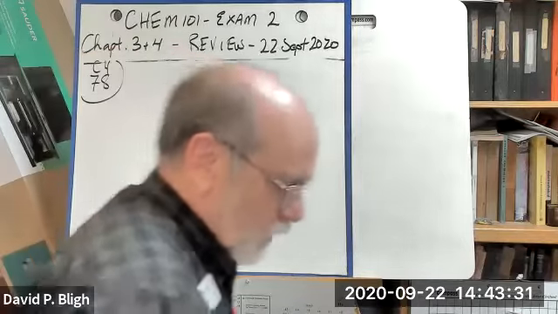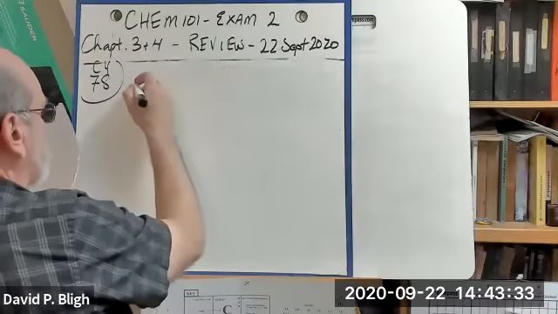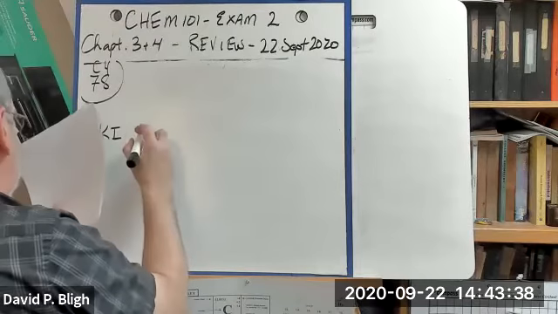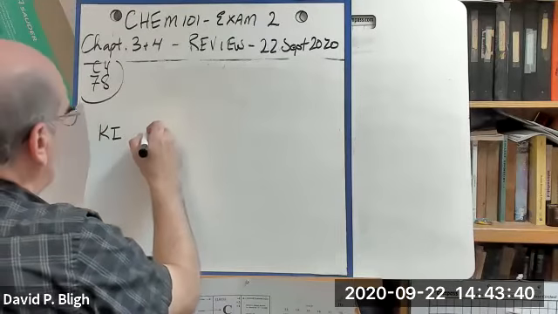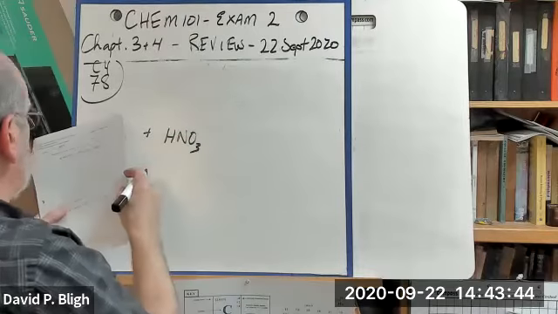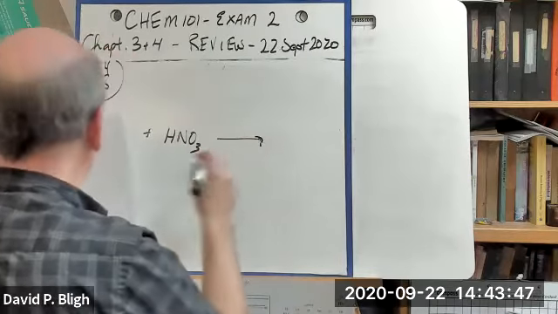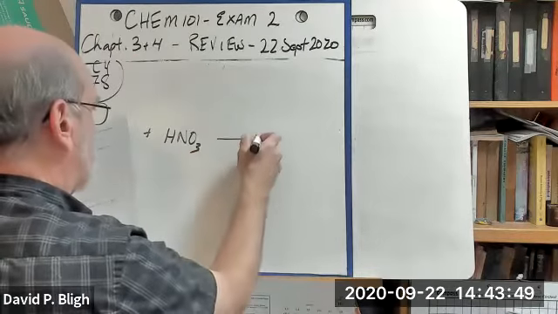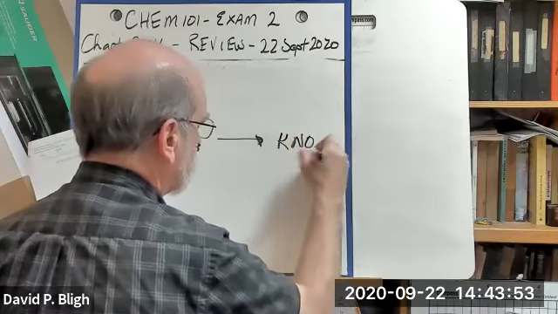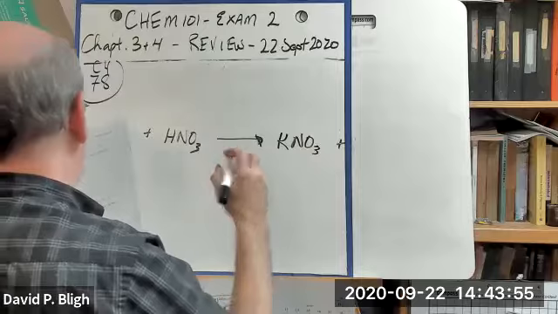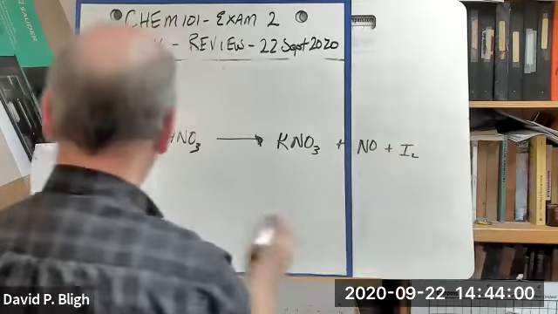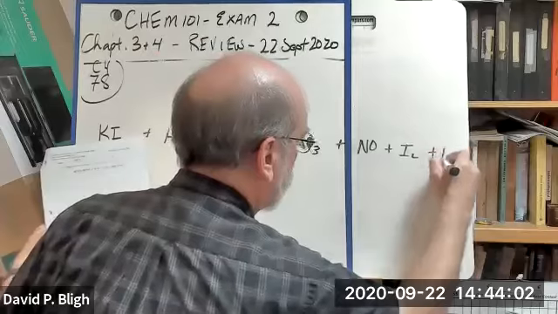Okay, so we're given the starting point of this. Let's see, let me move down here. KI plus HNO3, nitric acid, yields KNO3 and NO and I2 and water.